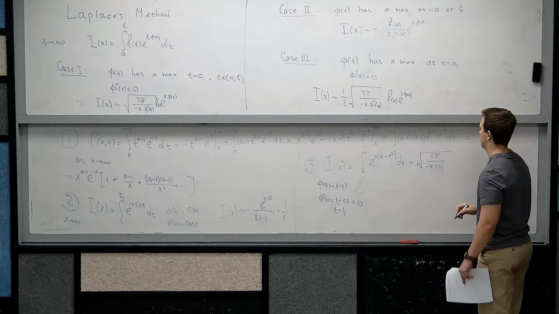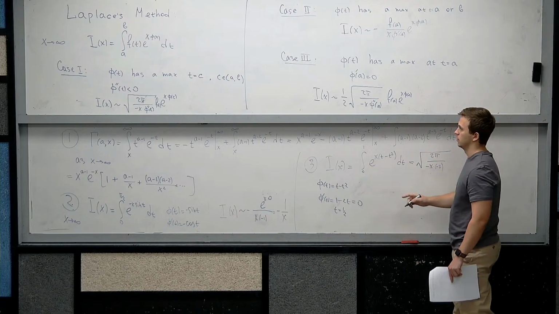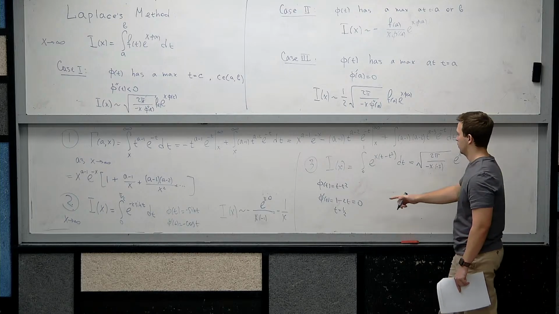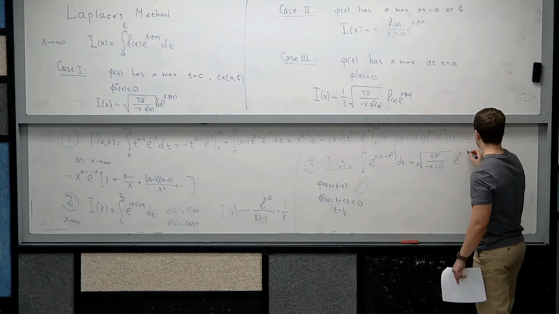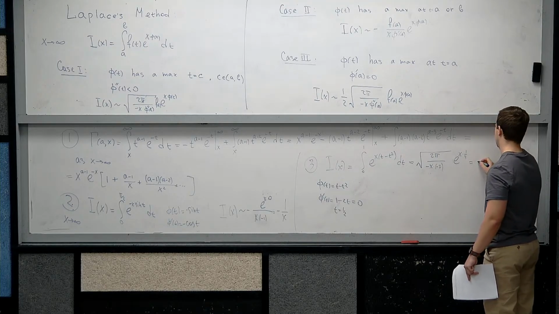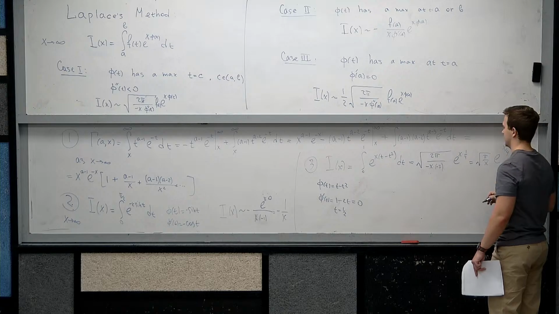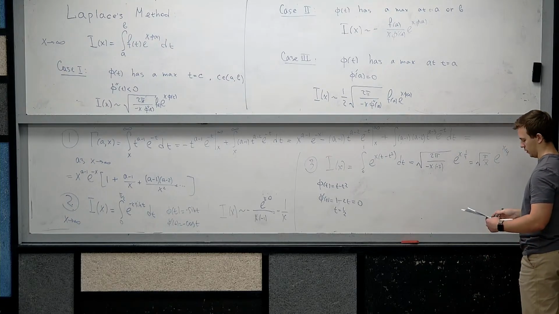Then the function here is 1, and e^(x phi), where phi at 1/2 is 1/2 minus 1/4, so it's 1/4. So the asymptotics is the square root of pi over x times e^(x/4).